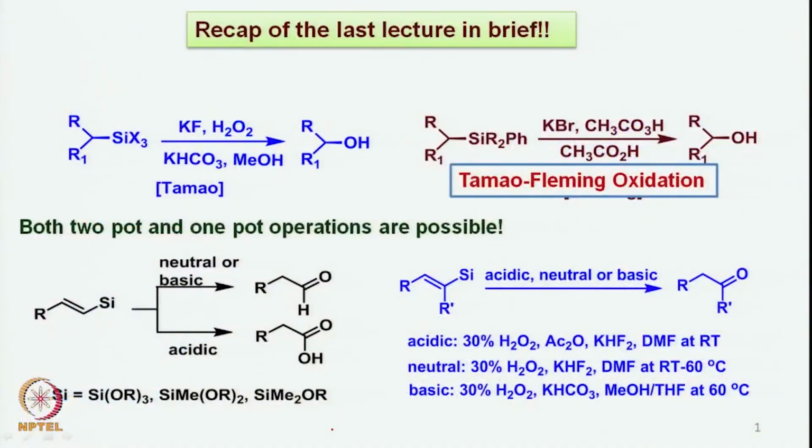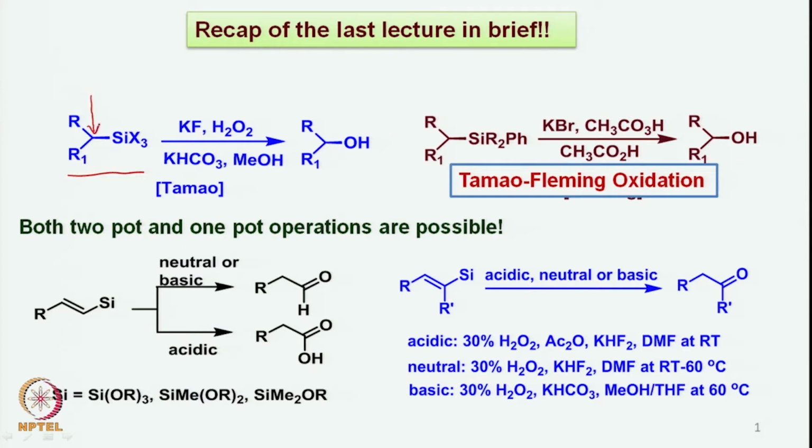In the last lecture we had discussed Tamao-Fleming oxidation, which is basically a conversion of the chiral, or even achiral, but chiral is more important, silicon bonded compound such as this, as shown.